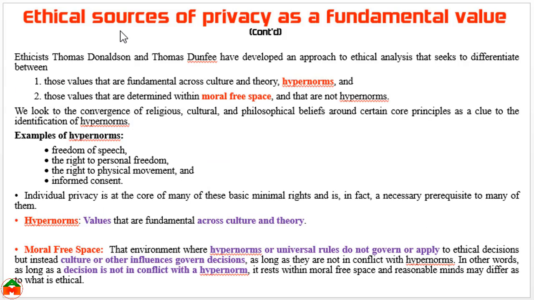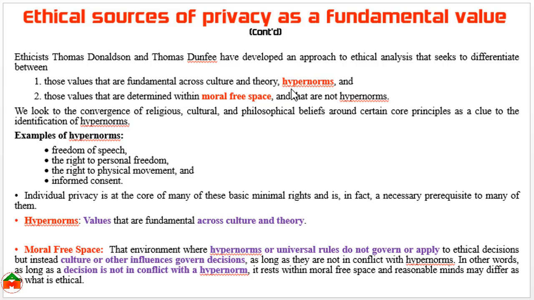In this slide we can see the sources of privacy. There are two sources of privacy. One is hypernorms, another one is moral free space. Hypernorms indicates the values that are fundamental across culture and theory, and moral free space is the environment where hypernorms or universal rules don't govern or apply.